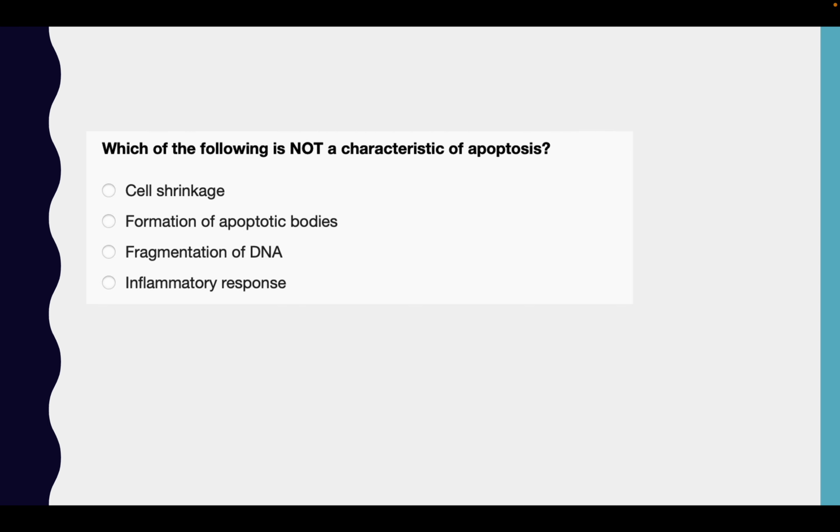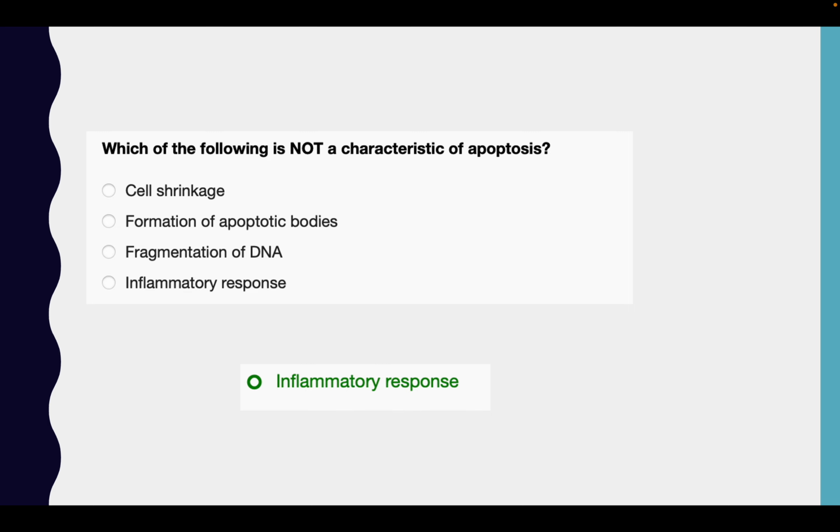Which of the following is not a characteristic of apoptosis? Inflammatory response. It happens in necrosis. Right. What is the difference between necrosis and apoptosis? Necrosis leads to cell swelling, but apoptosis leads to cell shrinkage.